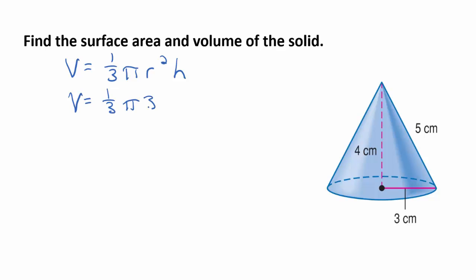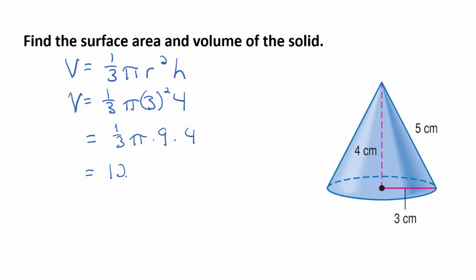R again is going to be 3 squared, and the height is going to be 4. So if we continue to simplify this, it'd equal 1/3 pi times 9 times 4.